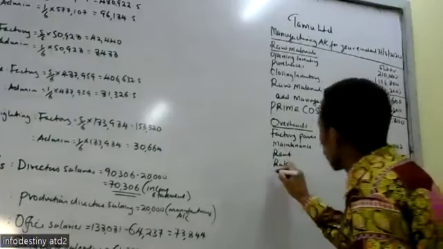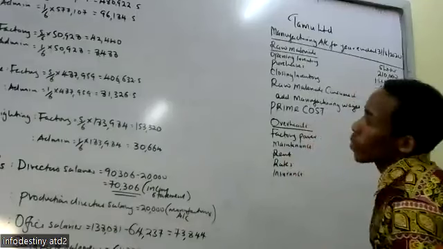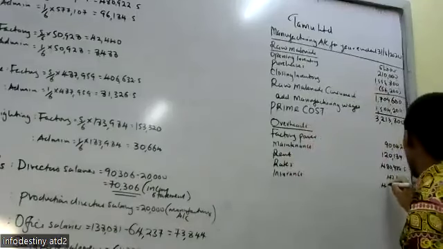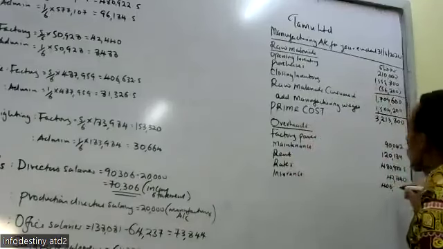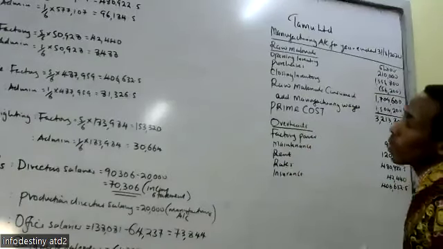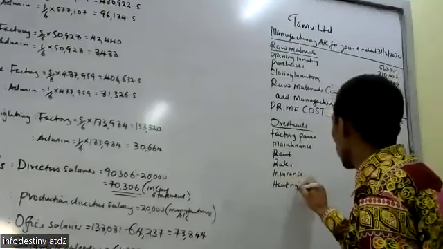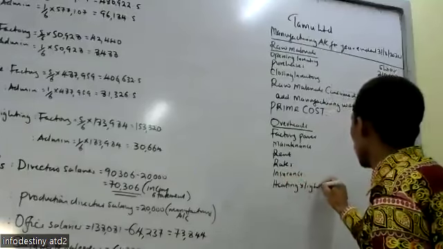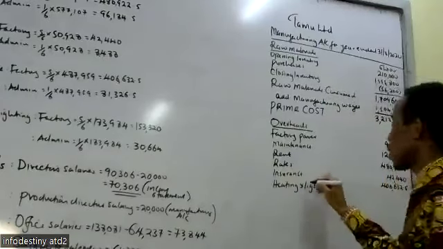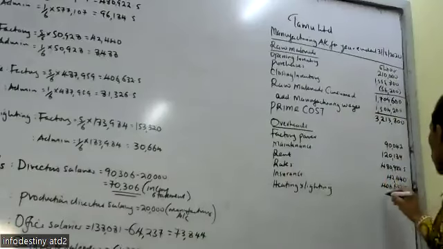The next one is insurance, 406,632.5. Then we pick heating and lighting, 153,320.